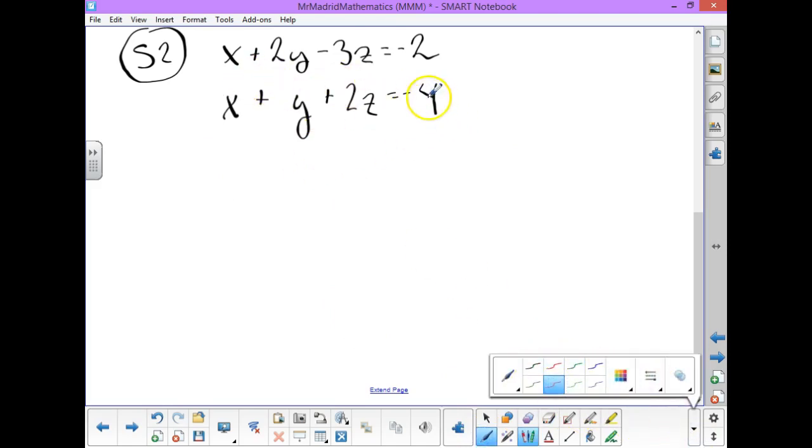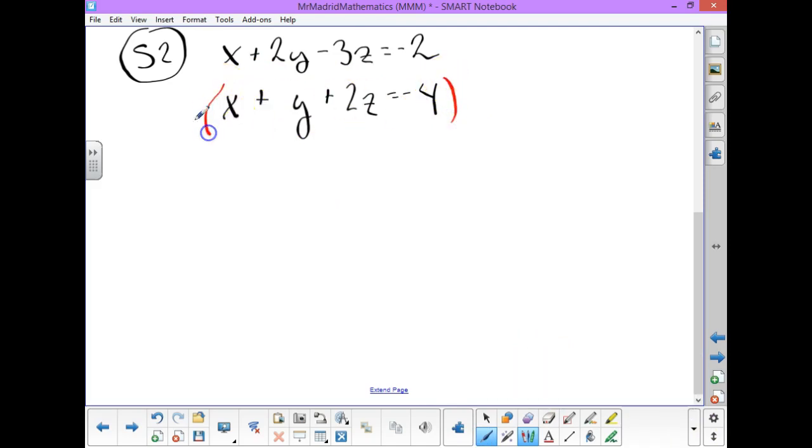Negative 2 is going to give me opposite coefficients, so that should be cool, right? I could do the math right here, but I'm going to rewrite it so that you're not confused. So this guy stays the same.